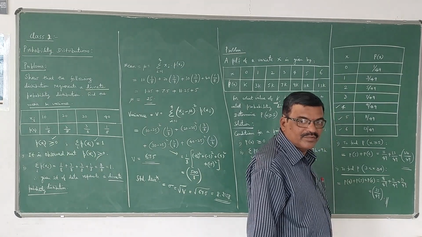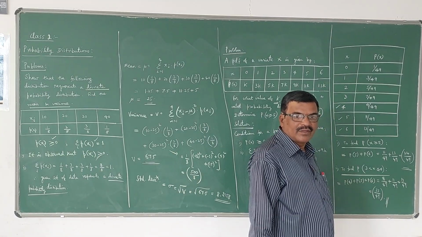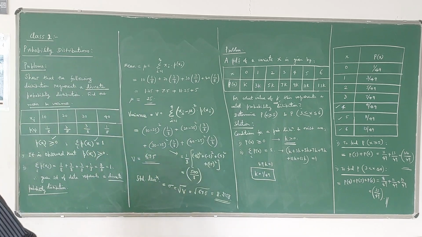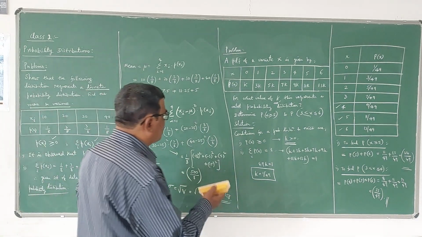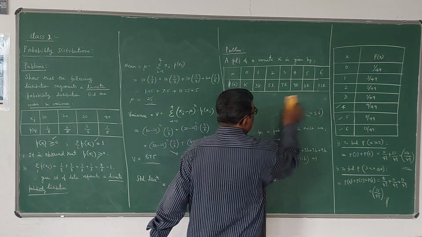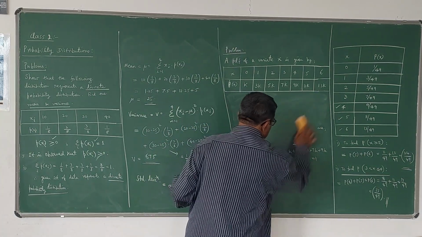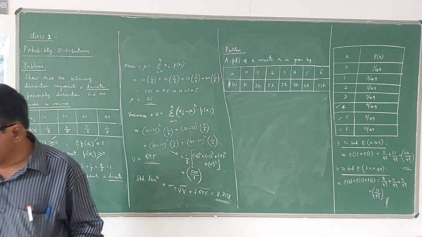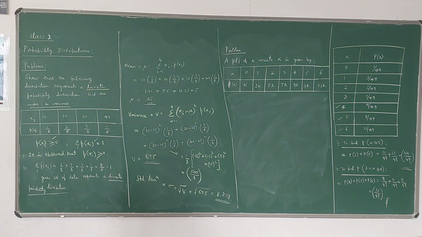Got it, that is the probability. So you write this, you can find out whatever they ask. Let us find one more for the same problem. Once this table is ready, you can find probability for any value of x.